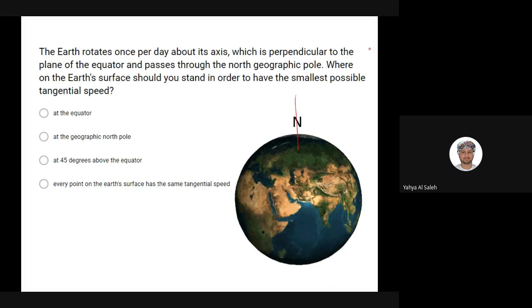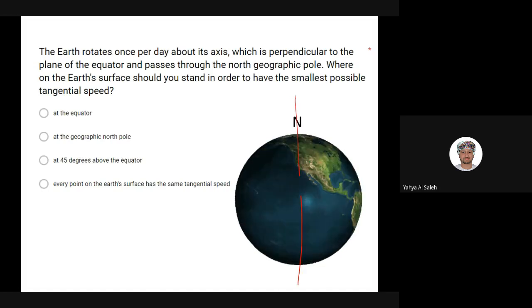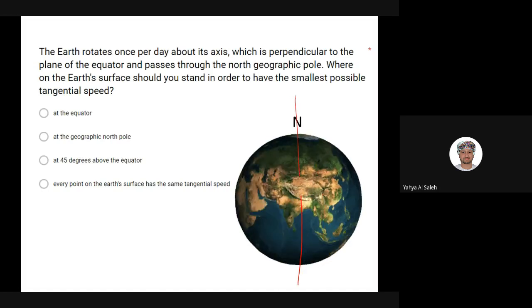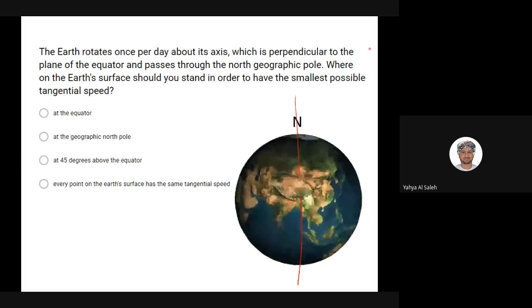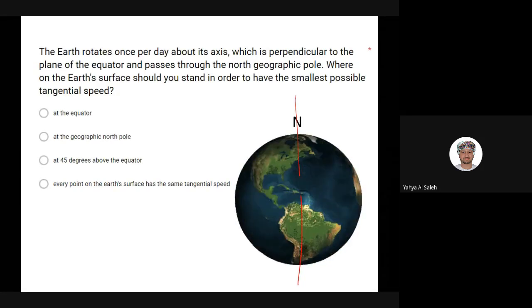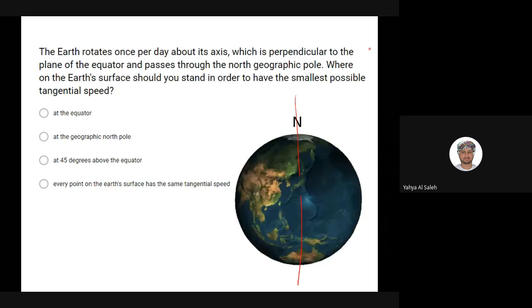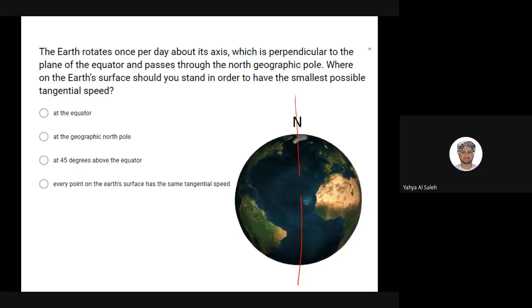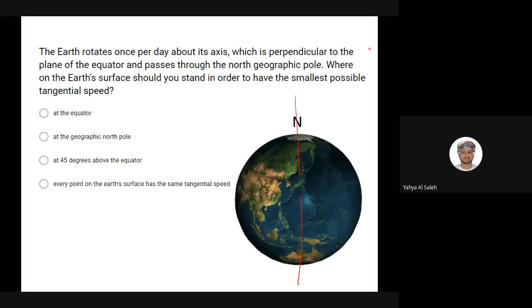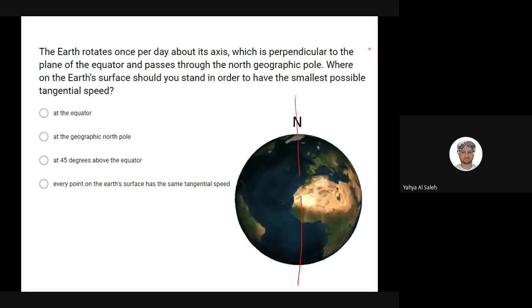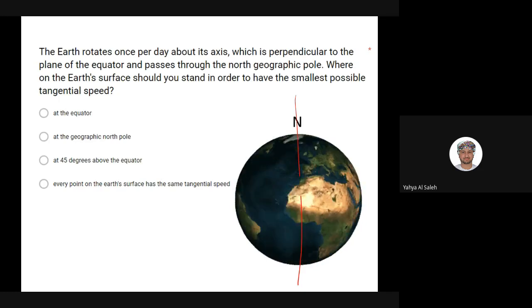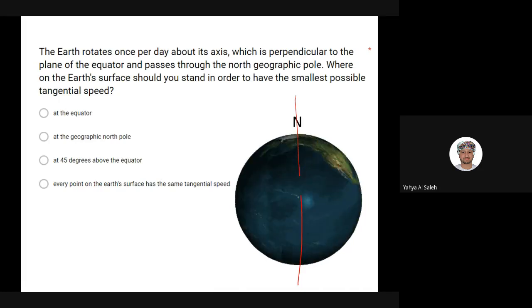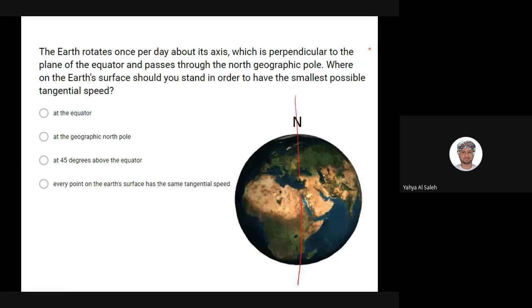So this is my axis of rotation. Where on the Earth's surface should you stand in order to have the smallest possible tangential speed? At the equator, at the geographic North Pole, at 45 degrees above the equator, or every point on Earth's surface has the same tangential speed?